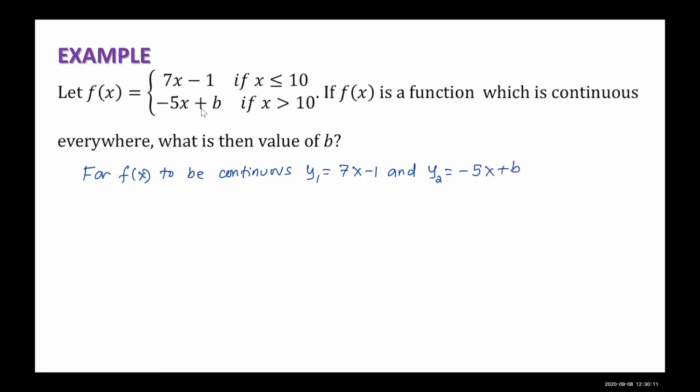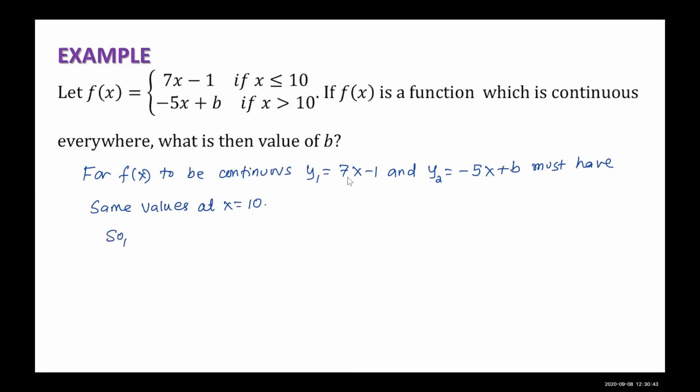They must have the same values at x equal to 10. These two functions must have the same values at x equal to 10, and then they will be continuous. So when you plug in 10 into this function or 10 into this function, they must be equal.